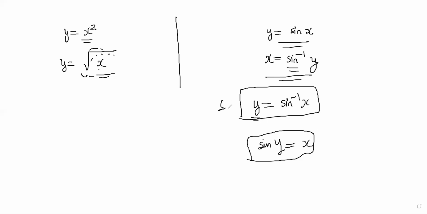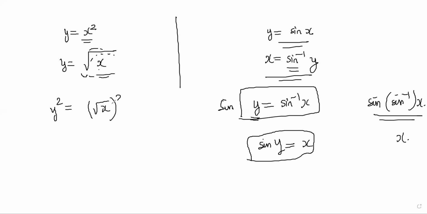So if you take sine on both sides, sine and sine inverse will cancel each other, right? Yes, sir. So it will become x only. For example, if I do square on both sides, square and root operations will cancel each other and become x, right? Yes, sir. Because the square and root operations are opposites, inverse of each other. So that's all that it signifies.